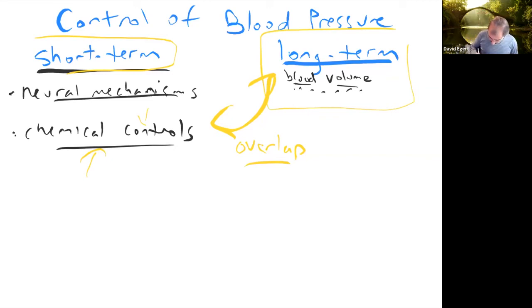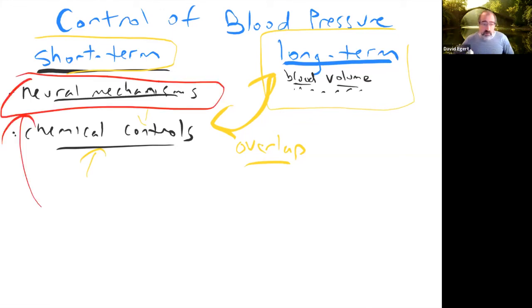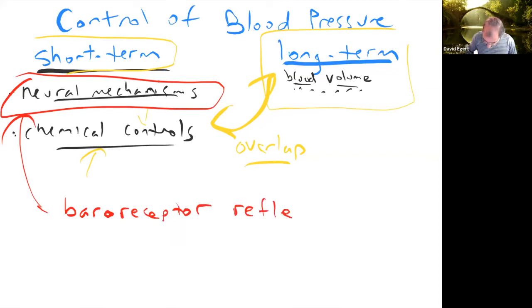So neural mechanisms. One of the main neural mechanisms is what we call the baroreceptor reflex. So baroreceptor. Baro is pressure.